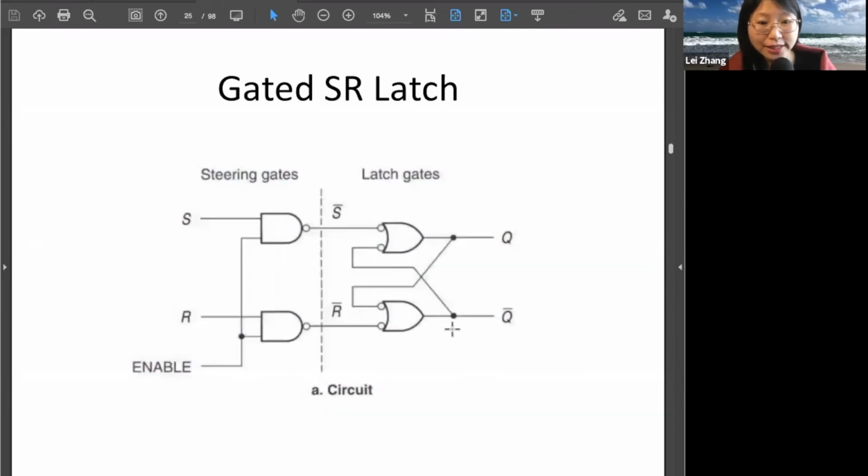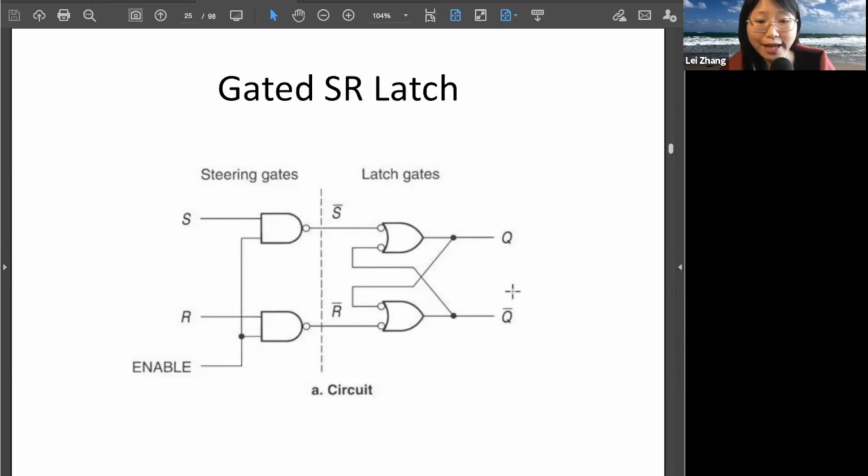So this is the circuit. On the left side, we have the steering gate. For both inputs S and R, we have to add one AND gate to it. Here we actually have a NAND gate to enable the input.